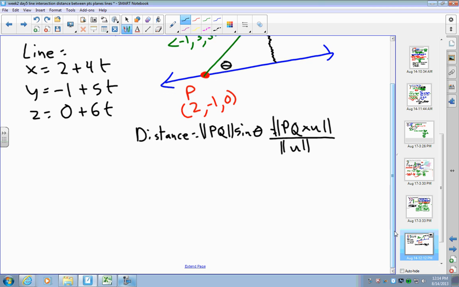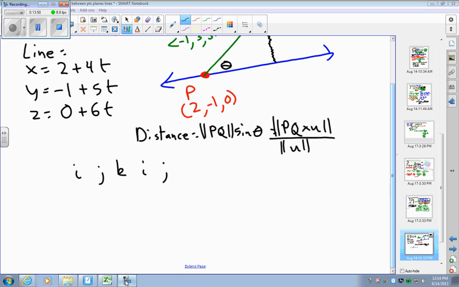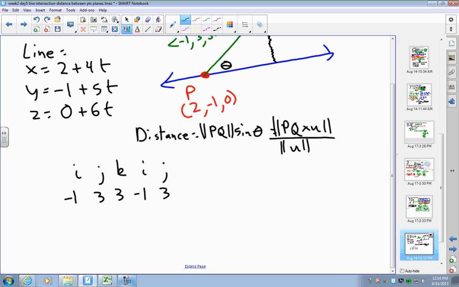So set up i, j, k. The PQ vector was -1, 3, 3. And do I have that u vector yet? Yeah, it's 4, 5, 6.